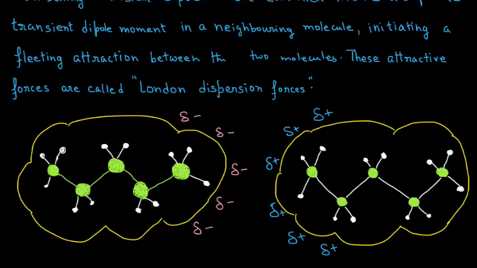In this case we can see, due to movement of electrons, here it develops a partial negative charge, here it develops a partial positive charge, and the attraction between these two molecules is called London dispersion force.